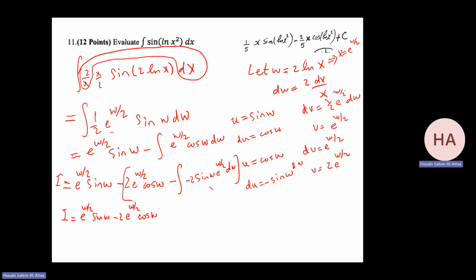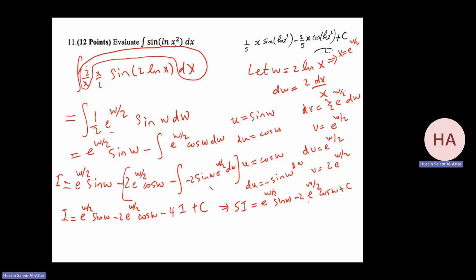It will be 4, minus 4I plus C. So I have 5I, and that will be e to the power W over 2 sine W minus 2 e to the power W over 2 cosine W plus C. I've made a mistake somewhere.